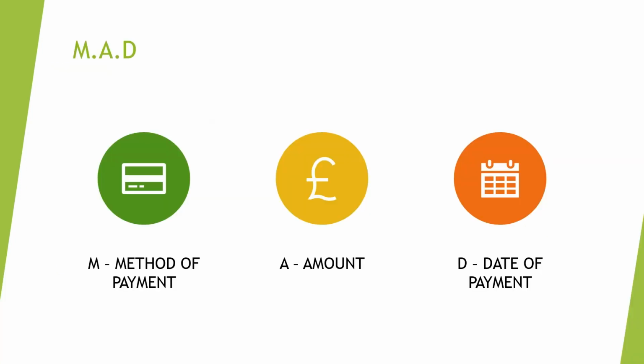Once you've agreed on how they're going to pay, either via EFT or debit order, whichever your preference is, the amount they're going to pay and the date of payment, you wrap up your call by asking the debtor, can you please repeat the method of payment, the amount, and the date? And if the debtor gets any one of the three wrong, you'll treat that debtor as a defaulter. So that's the method behind it.